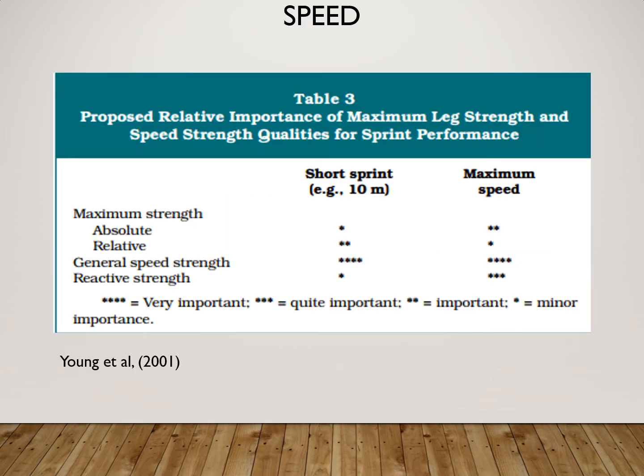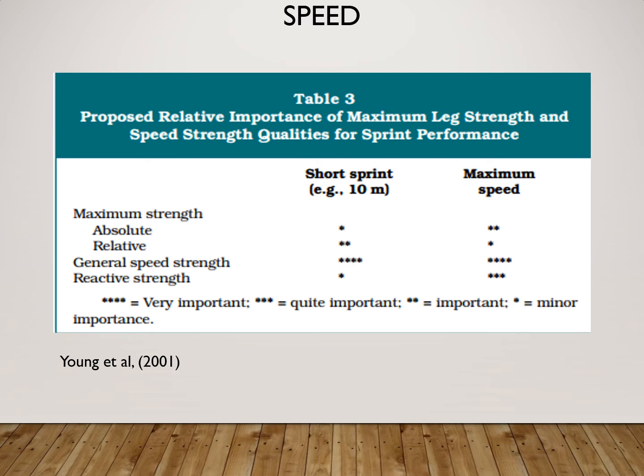And as I've mentioned, there is a difference across short speed acceleration and maximal speed in terms of the importance of different qualities. We can see in this table the relative importance of leg strength and speed strength qualities in the short sprint, so around 10 meters, which is obviously a focus on acceleration, or maximum speed, which obviously takes a lot longer to develop.